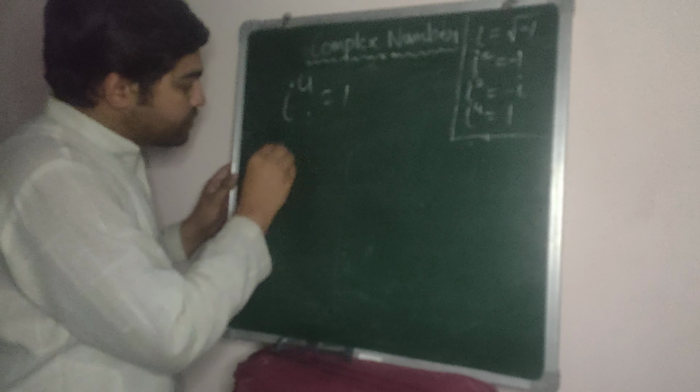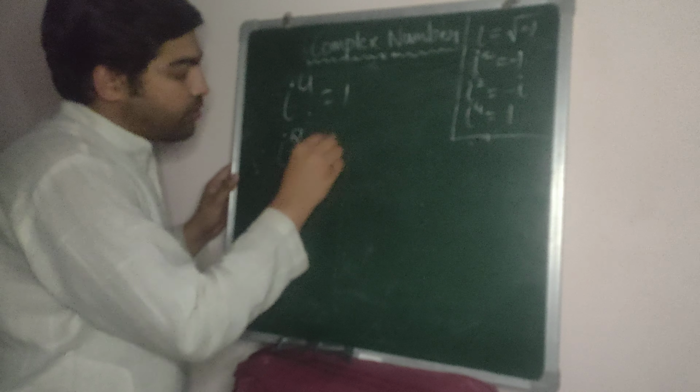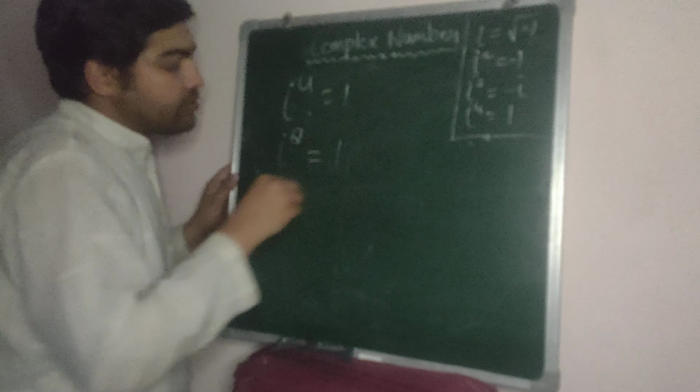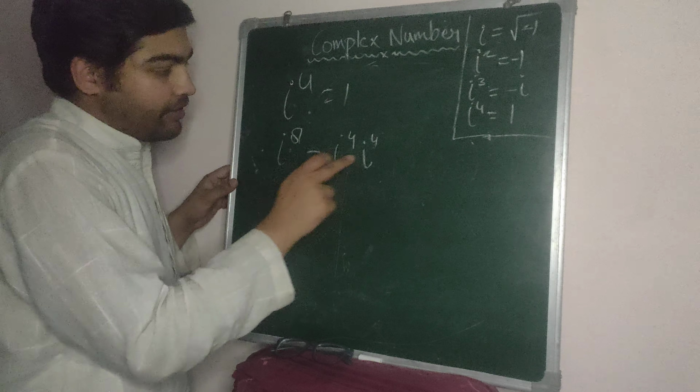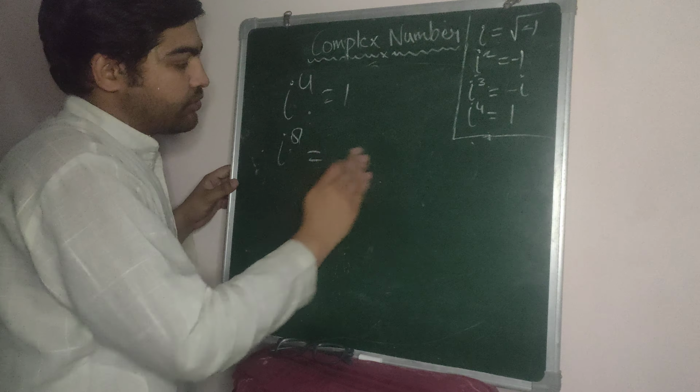So we can conclude that i to the power 8 should also be 1. Why? Because i to the power 8 should be written as i to the power 4 into i to the power 4. That will be 1 into 1, which is equal to 1. So that's why i to the power 8 is also 1. Similarly, i to the power 12 is equal to 1, i to the power 16 is equal to 1.